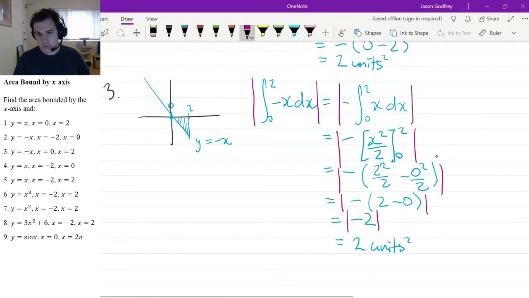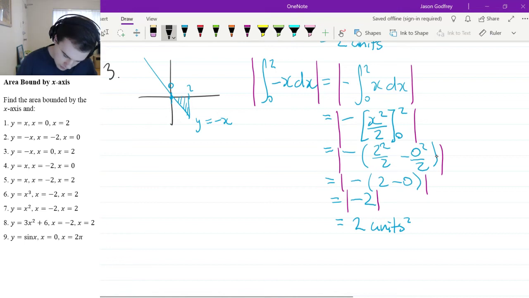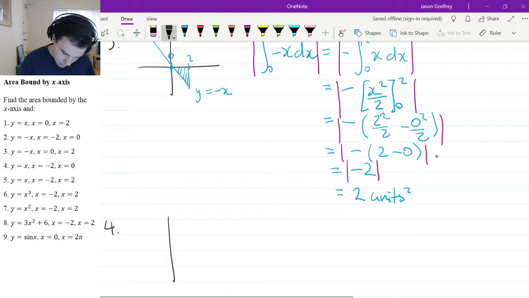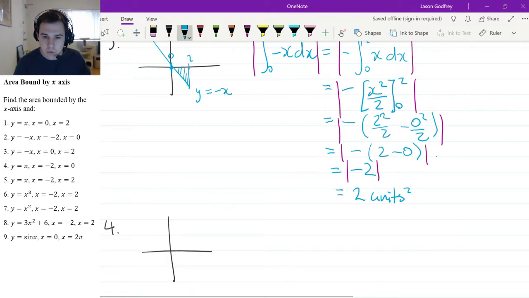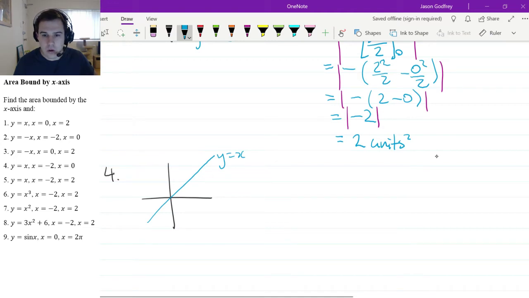Okay. So question 4 is going to be very similar in that it's going to be below the x-axis, but this time let's just try doing it with absolute values the whole way through. So let's draw it up. The graph of number 4 is the graph of y equals x from -2 to 0. So we're looking at this area here.